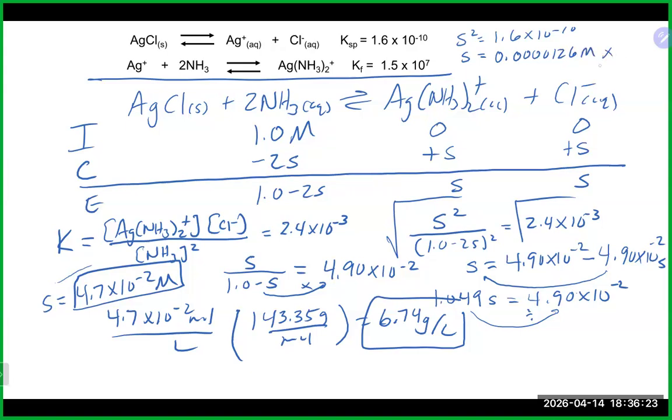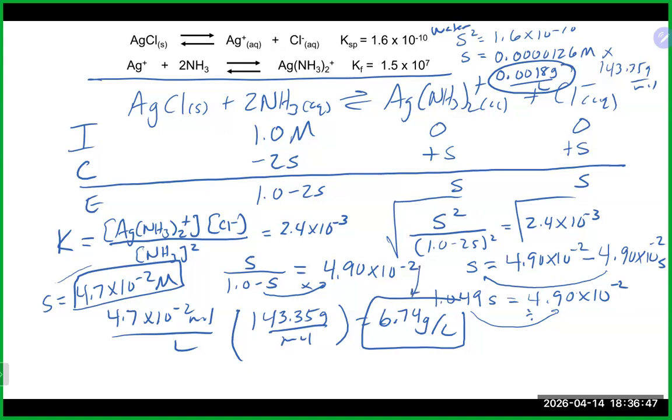And if we times that by 143.35 grams per mole, that is a solubility in water for silver chloride of 0.0018 grams per liter. So that is the solubility of silver chloride in water.